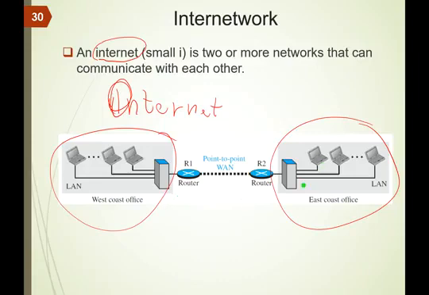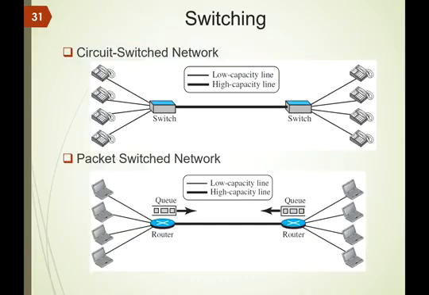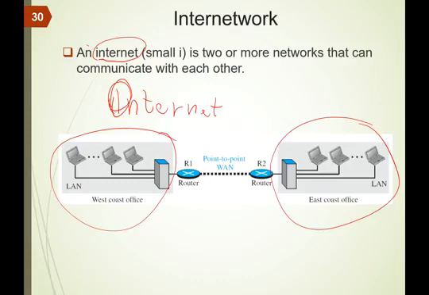We can call this an internet with small i. But Internet with capital I, you know what's Internet. The whole network of the whole world is called Internet with capital I. But a small i internet means any two or more networks, another network connected to this. So we call this internet or internetwork.